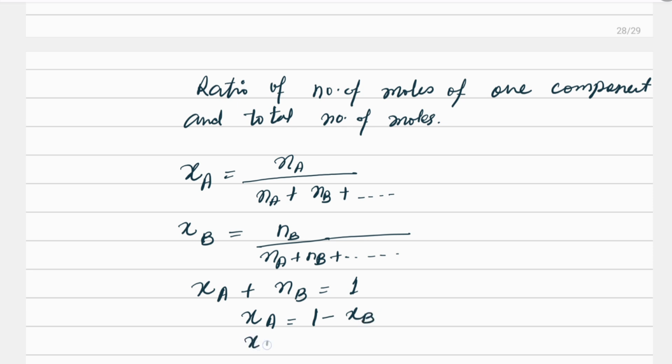And if xb has to be calculated, xa we have calculated already, then 1 minus xa. Okay, so this is how the mole fraction is calculated. So these are the different concentration terms which are used whenever we are talking about the reactions occurring in solutions. Solution can be aqueous, non-aqueous, anything.